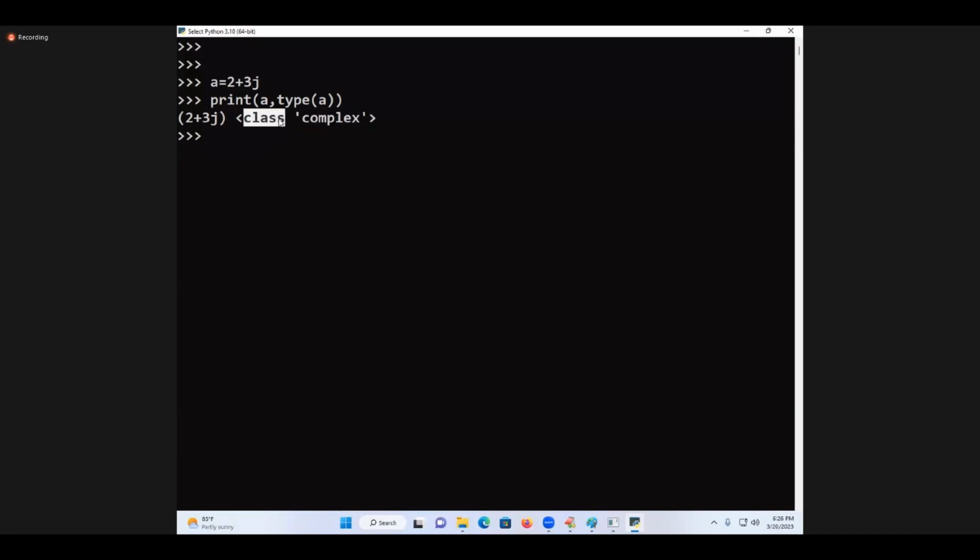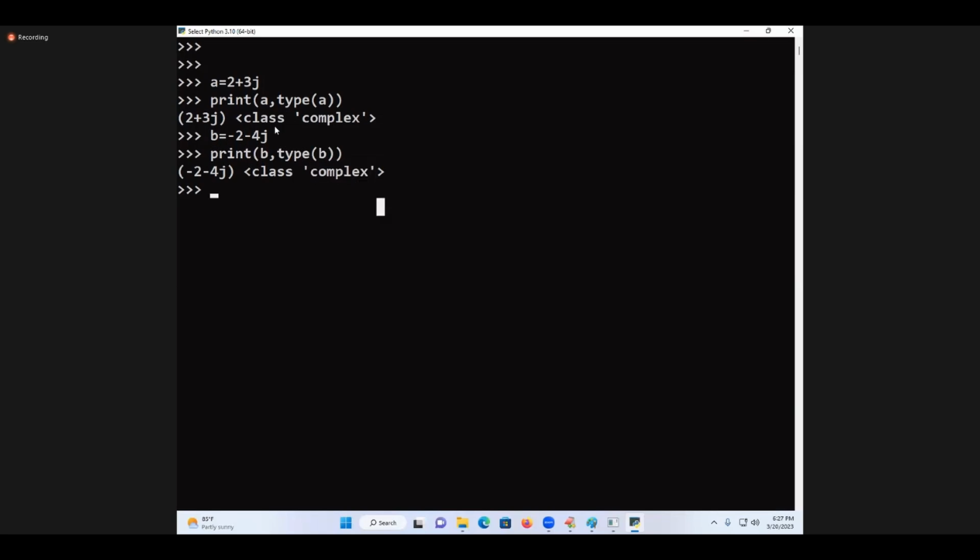What is that complex called? A class. What is A? An object, of which type? Complex type. Good. Next, B is equal to minus 2 minus 4j. B, comma, type of B. What is B here? An object, of which type? Complex type.